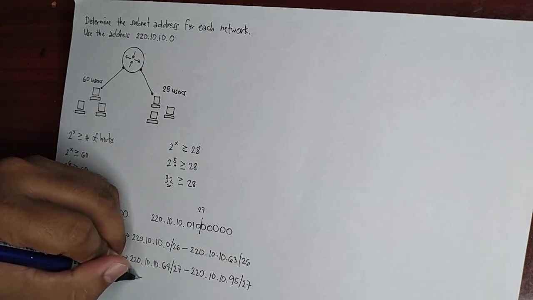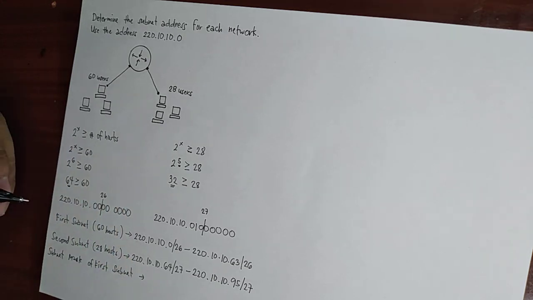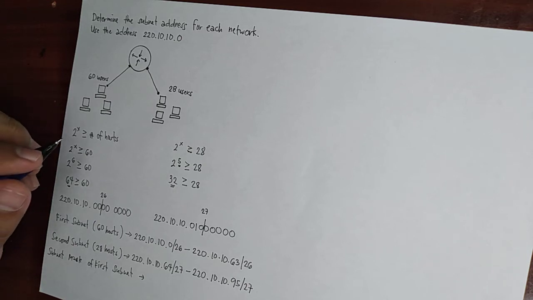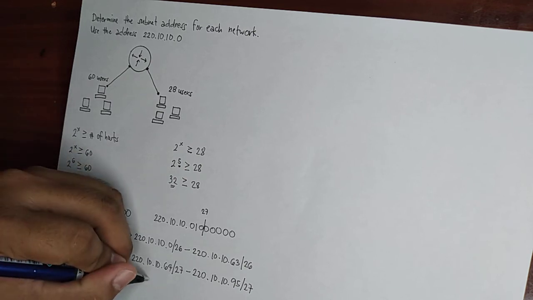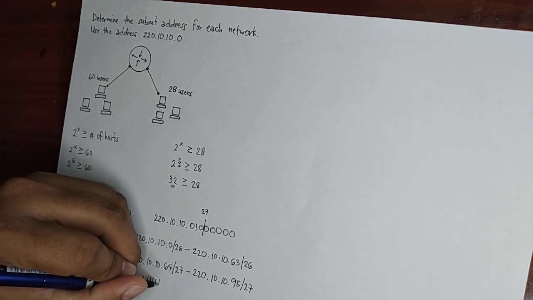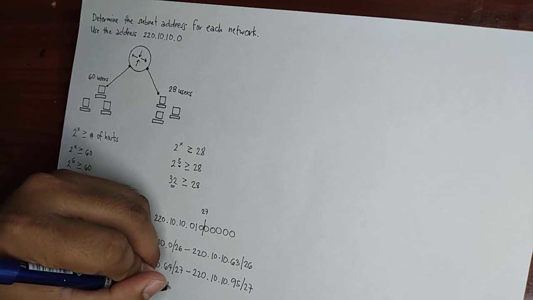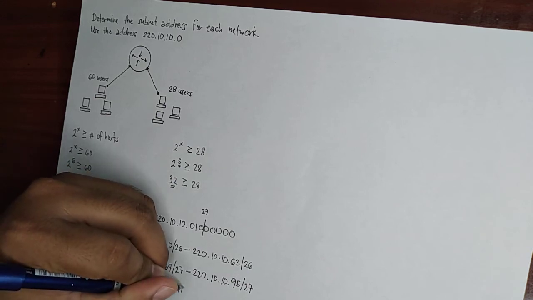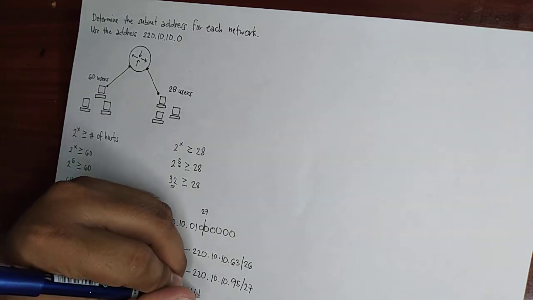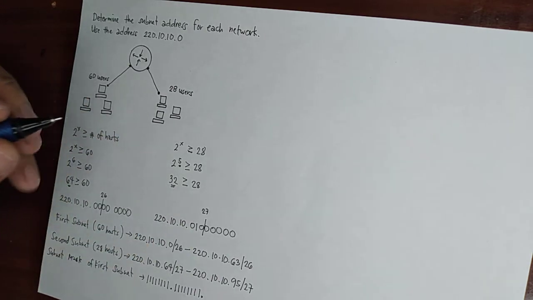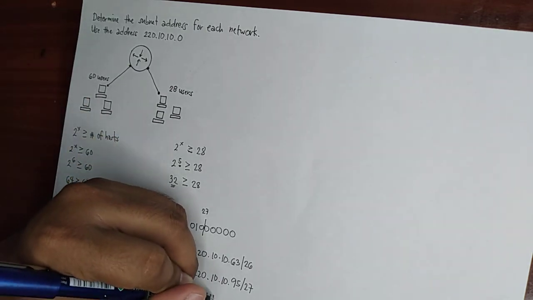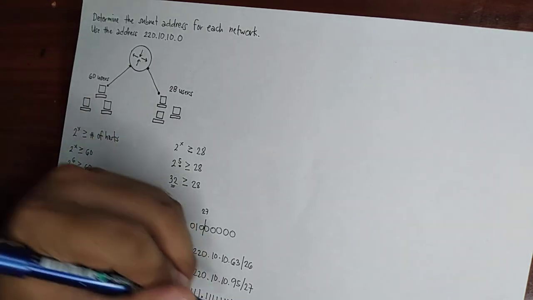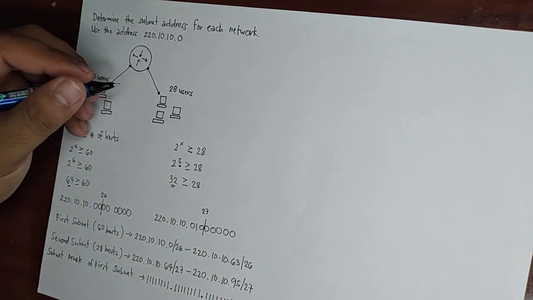We need to put the network side to 1 and the host side to 0. So we have 1, 2, 3, 4, 5, 6, 7, 8 for the first octet, 8 for the second octet, and 8 for the third octet, that is our slash 24.